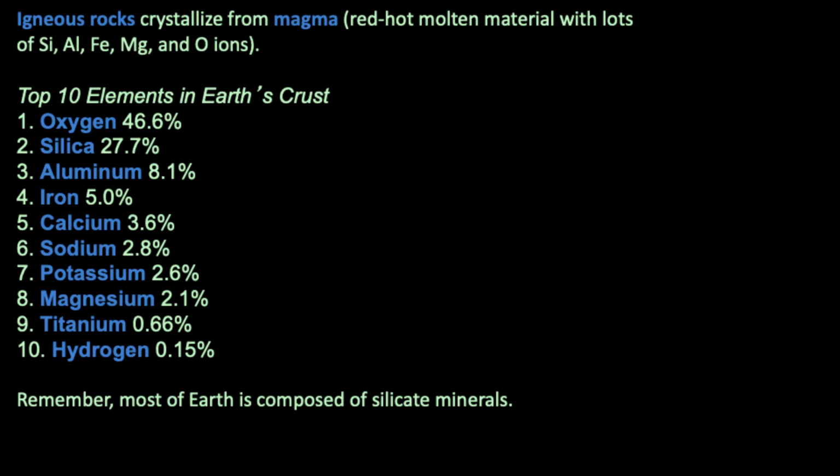Then titanium and hydrogen. Hydrogen's the last one on the top 10 list, and there's not much hydrogen compared to everything else. So know that oxygen and silicon are the most important elements in Earth's crust, and they form the bulk of the silicate minerals that form igneous rocks. Kind of important that way.